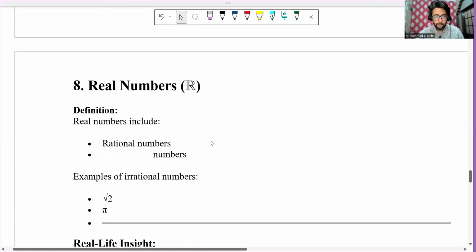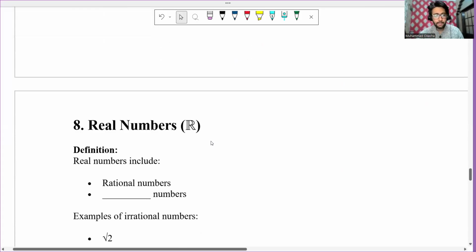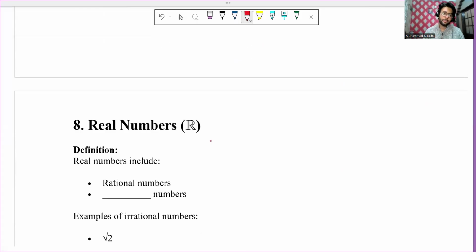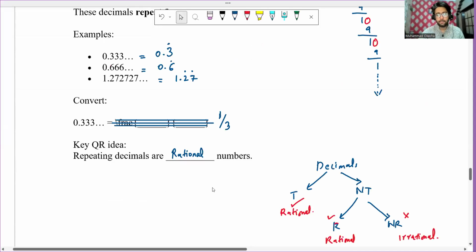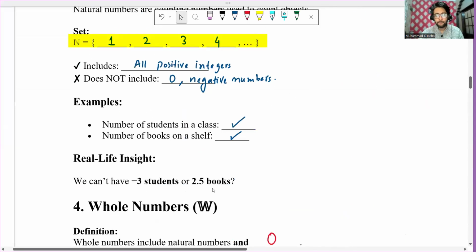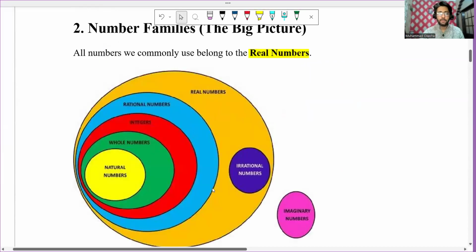Next is real numbers. So real numbers is the umbrella term. It contains all the rational numbers and all the irrational numbers. Okay, so I think it's time that I bring back the same diagram over here to better visualize everything.